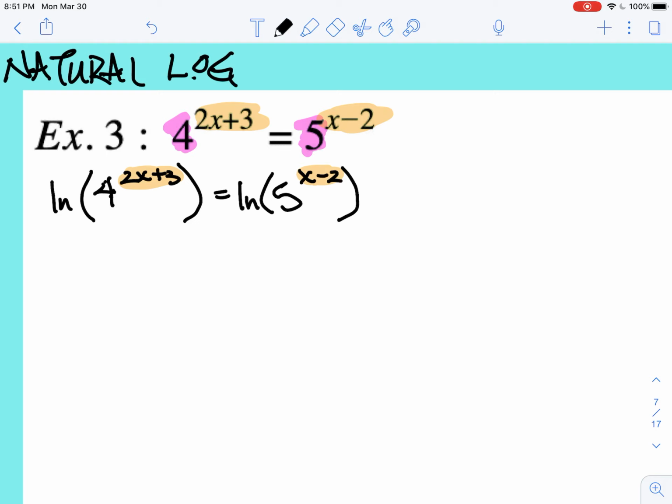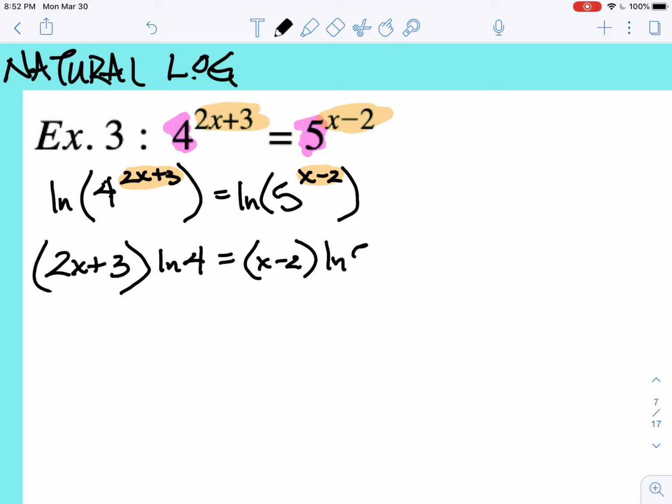So what I really have here is 2x plus 3, and I'm going to recommend that you go ahead and put that in parentheses. So you bring the power down, 2x plus 3 times natural log of 4. And we're going to do the same thing on the other side where I bring that x minus 2 down, and I'm going to leave the natural log 5 where it is.